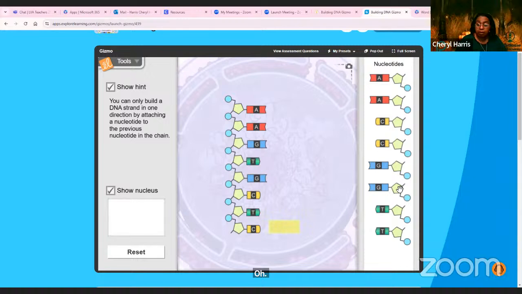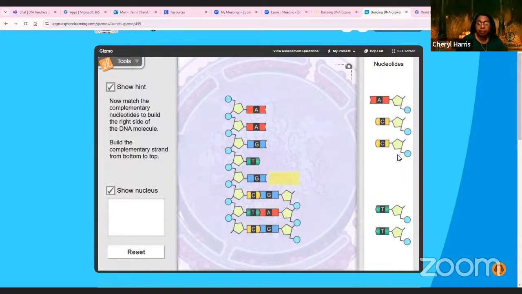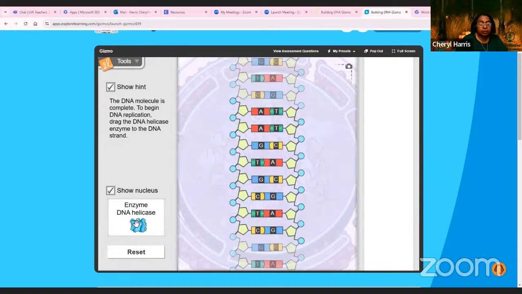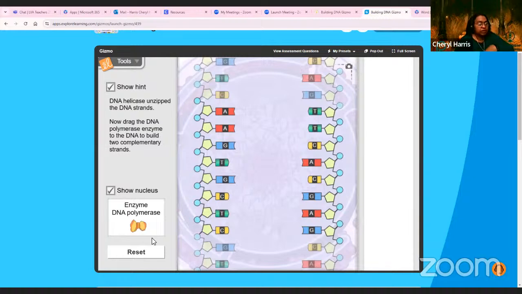Okay. Okay, so we're going to unzip it. See, now this one, it just glided all the way up and it unzipped the molecule.